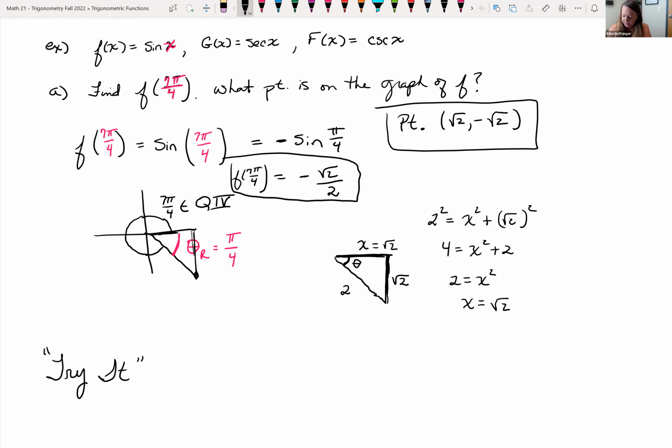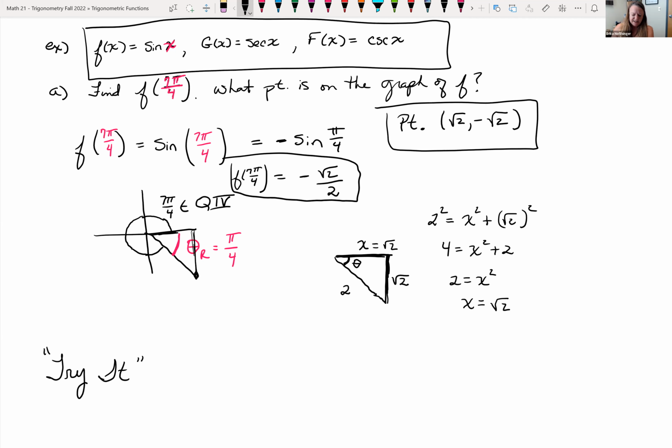let's do the following. So given these values in here, f of x is sine x, capital G of x is secant x, capital F of x is cosecant x. Let's just call it A for you. Find capital G of 7 pi fourths. What is a point on the graph of G?